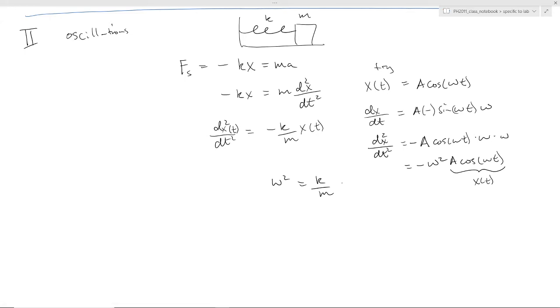So what we can do is use this to relate the period to the spring constant and the mass. So what is omega exactly? Well, think about this. The trig function has to have an angle as an argument. And if you have omega times time, that must mean that omega has units of angle per time, so that the argument is angle.